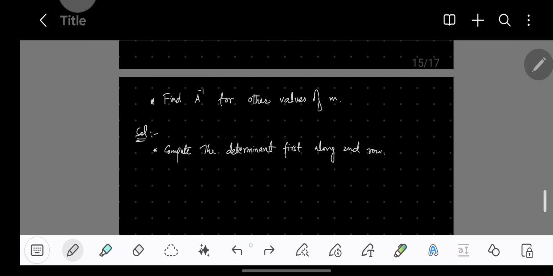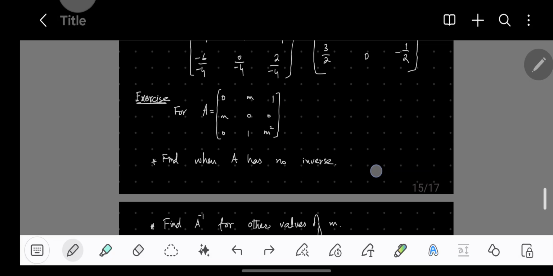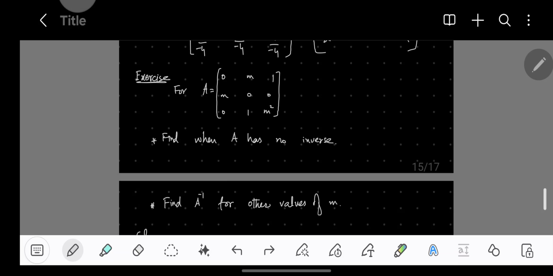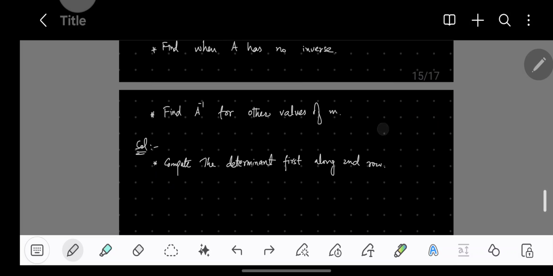In order to compute the determinant of the matrix, we will choose the row or the column which has the most number of zeros. So we will expand this determinant along the second row, because in the second row it has 2 zeros and only one non-zero entry.